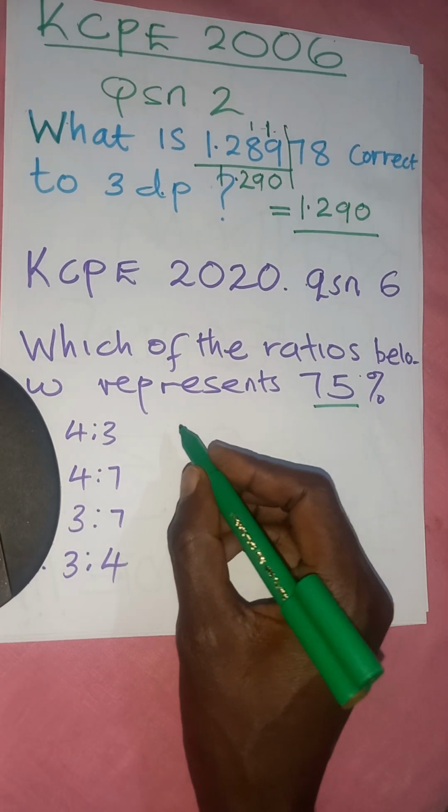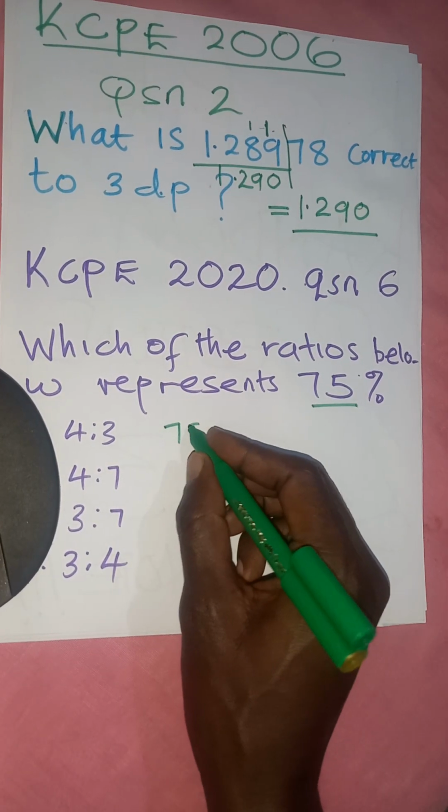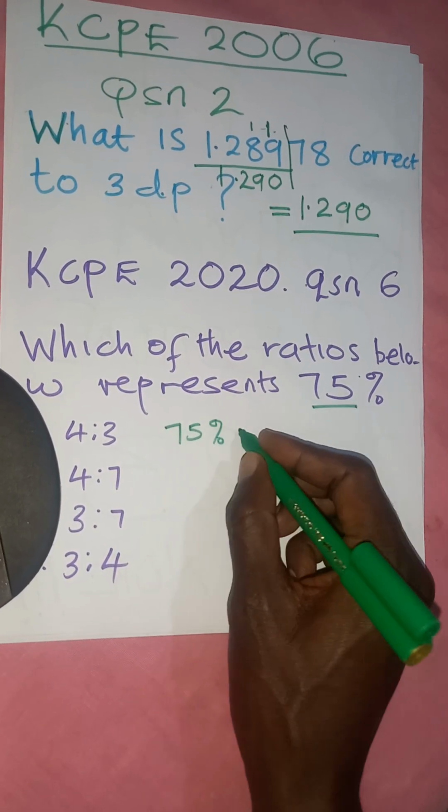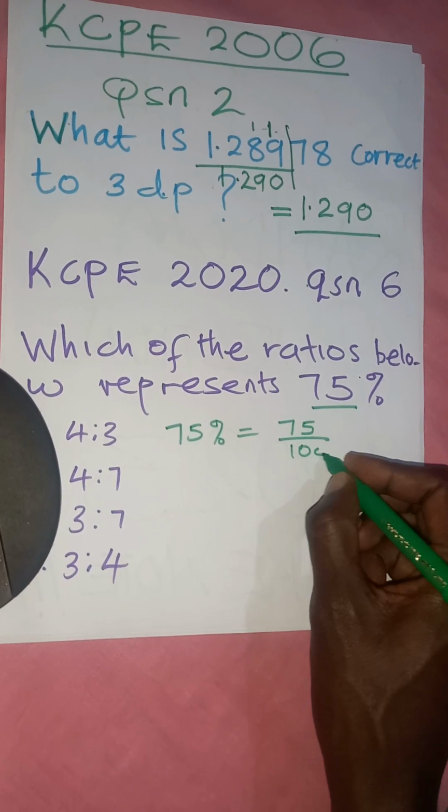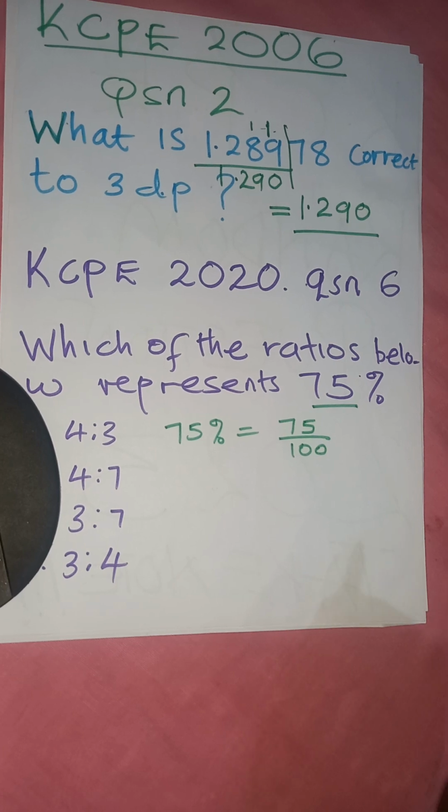So you are going to say 75% is equal to 75 over 100. We are putting over 100 because the total percentage is 100. And after that, you should simplify to get the fraction in the simplest form possible.